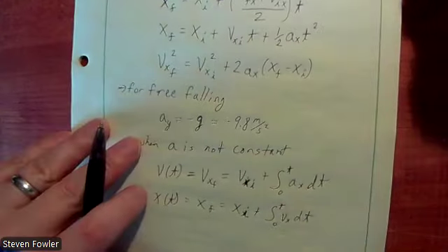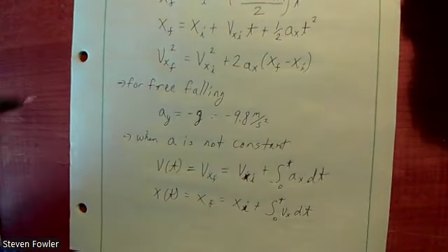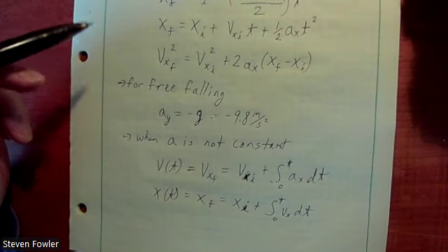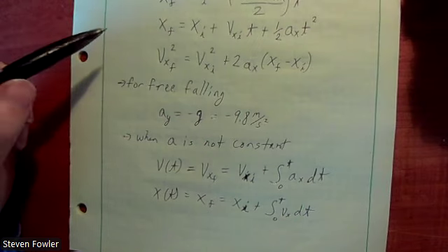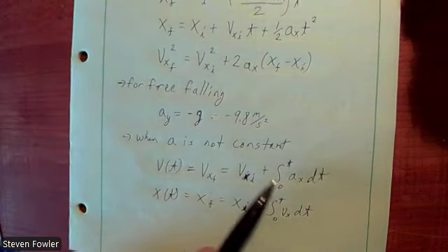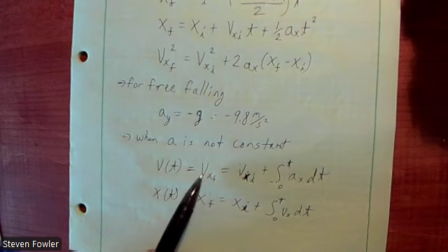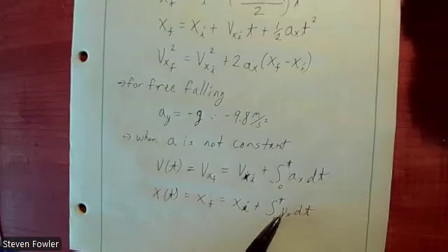So it does work if it's constant. It's just that those are already derived for us. But if a is not constant, this is the approach we'll have to go. We'll have to find the net effect of the acceleration to describe the change in velocity, and we'll have to find the net effect of the velocity to describe the change in position.